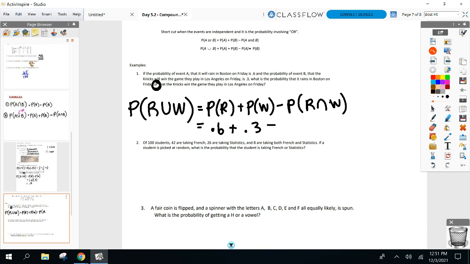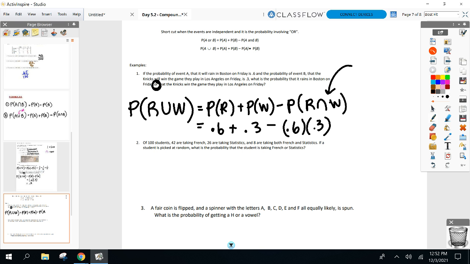Minus, let's say I don't know the answer from the last problem. What does the formula say for the and? Rain times win, right? If I didn't know the answer was 0.18 already, that's how I would find the and. Are we seeing how these formulas are related now? I need formula 1 to plug in here if I don't know the answer already.